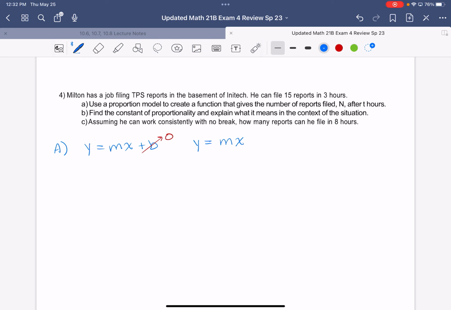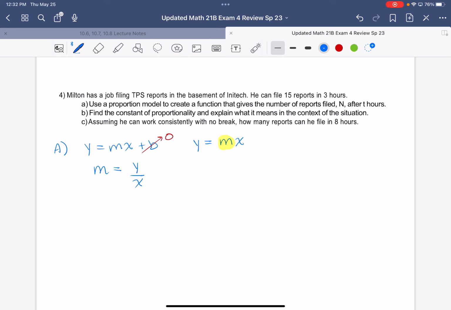Of which, what do we need to find? We need to find m. Okay? Which, recall, how do we do so for a proportional model? For a proportional model, m equals y divided by x. Y divided by x.